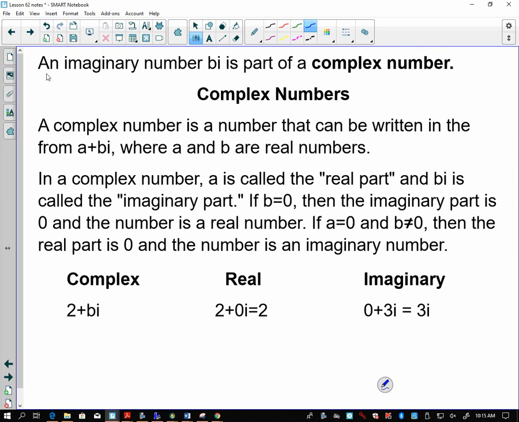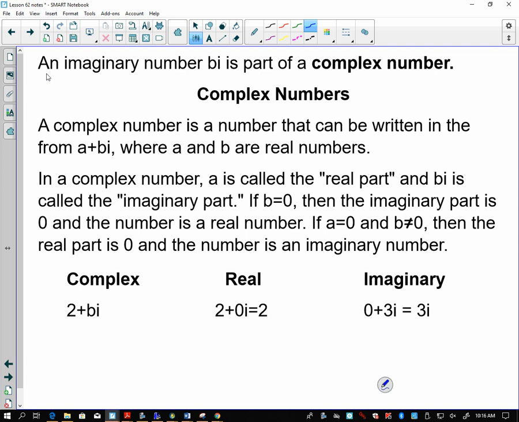Okay. If b equals 0, though, then the imaginary part is 0, and the number is a real number, because anything times 0 is 0, and 0 is a real number. Okay? So that's kind of the exception to the real times imaginary. If a equals 0, though, and b doesn't equal 0, then I have no real part.